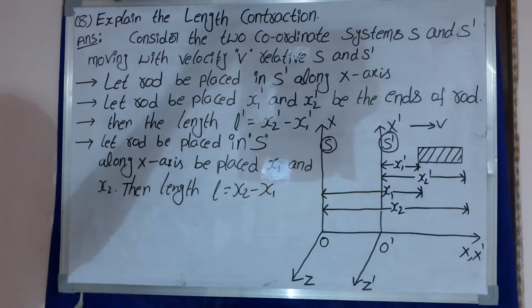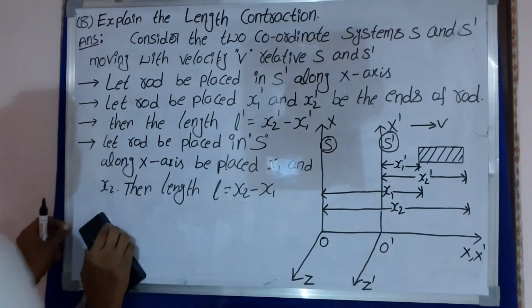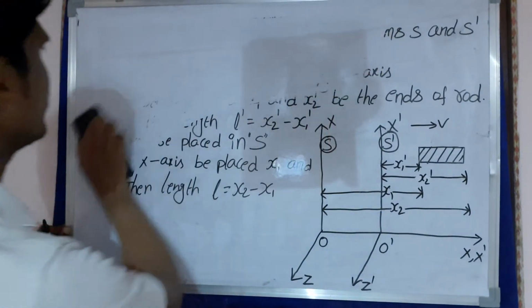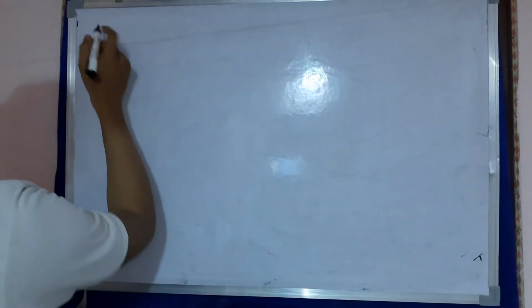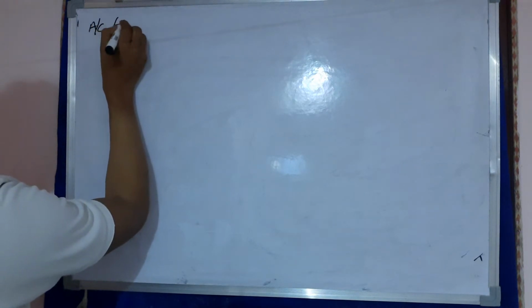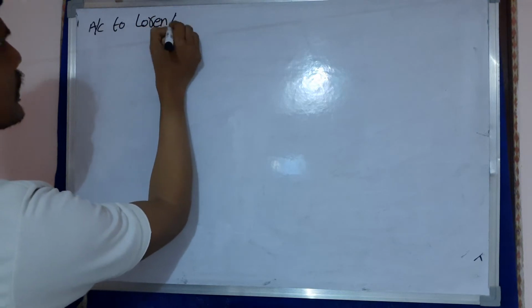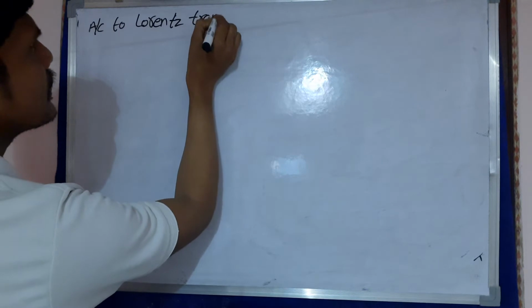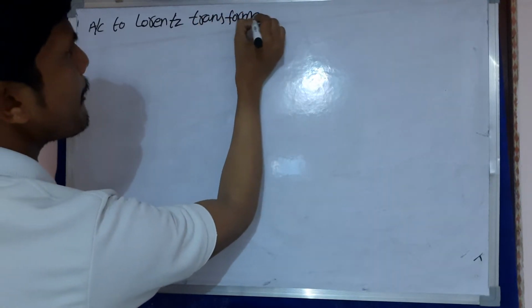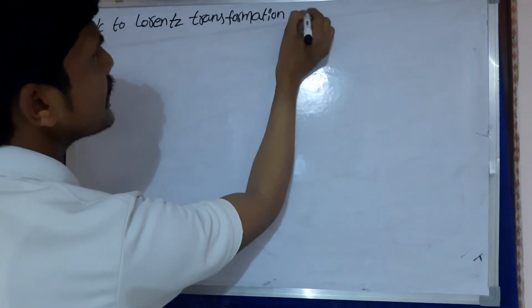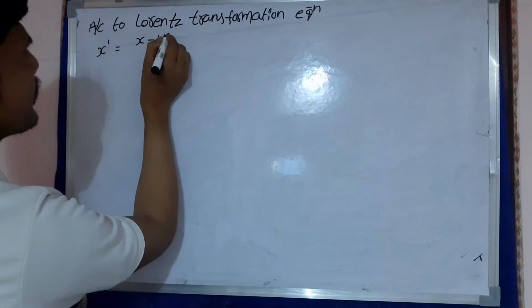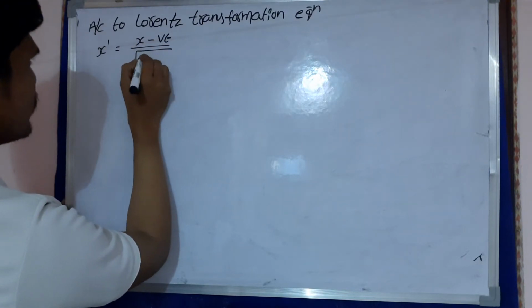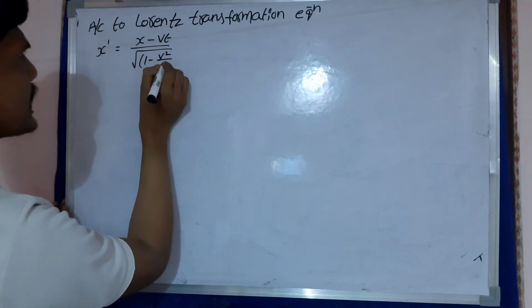Next, according to the Lorentz transformation equation, x dash equals x minus vt by root over 1 minus v square by c square.